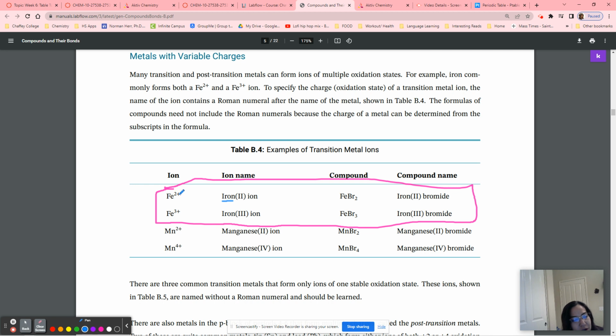So in this case, iron 2+, so you're going to have iron Roman numeral 2. And this is all connected. It's all one thing. And then ion. That's it. Iron, Roman numeral 3, and then ion. Okay. So when you write your compounds down, you already know what the charge is.